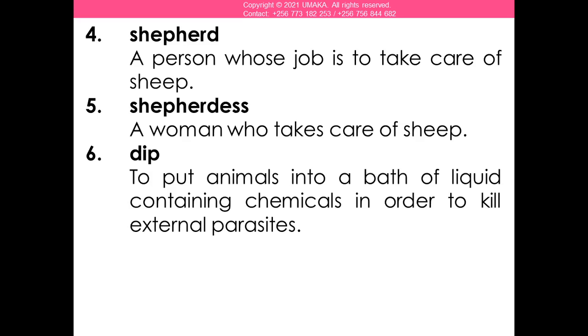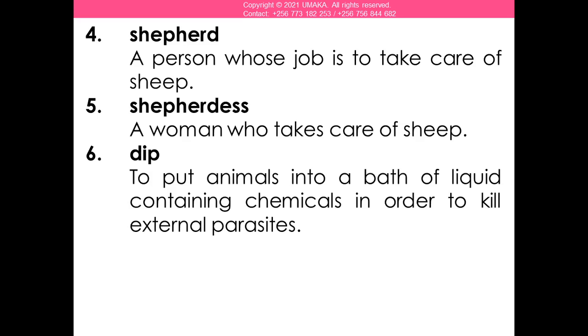So there is a trench. They build it like a trench, under which water cannot move. There is water mixed with the chemicals. Which chemicals? Chemicals that kill external parasites on animals. Then the animals are pushed to pass through that bath with the liquids containing chemicals in order to kill external parasites.